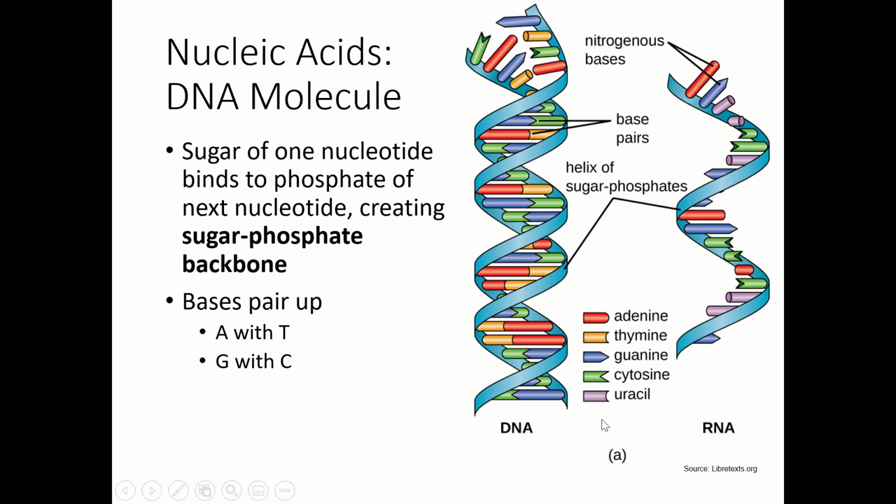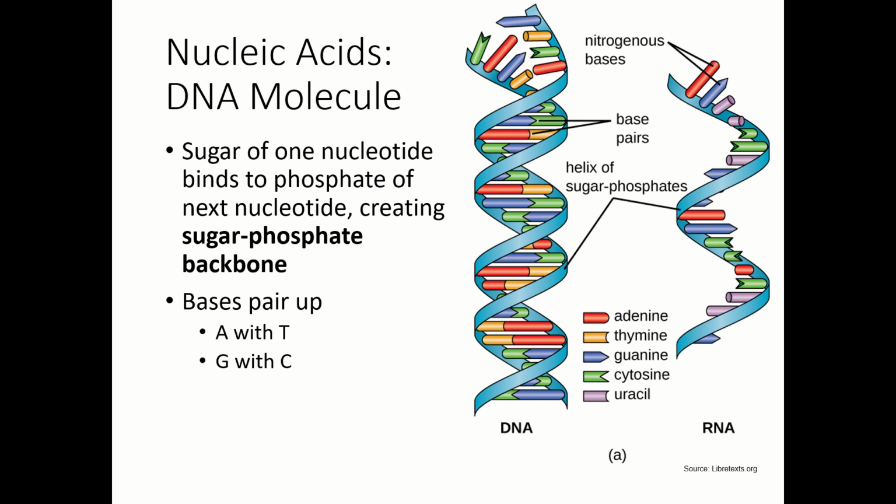Wait, what about the uracil? Well, here where we have a thymine, it would bind to a uracil, or sorry, the adenine on the DNA would bind to a uracil on the RNA. You know what, when we do DNA and RNA, I'm going to say that better and it's going to make a lot more sense.